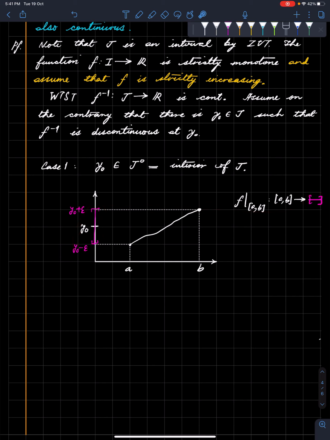If you apply the previous lemma, you know that the inverse of this function, defined from the pink interval, is a continuous function. So f restricted to [a, b], when you invert it, gives the pink interval as the domain, and the image is precisely [a, b]. So this is continuous.